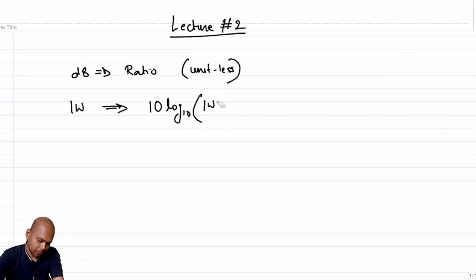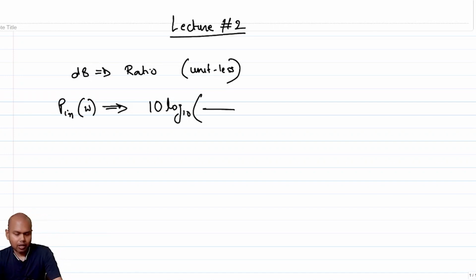So what we tend to do is make this number unitless, which means I will normalize everything with respect to 1 watt. In other words, if I have a P in watt, I would like to quantify it in dB scale.